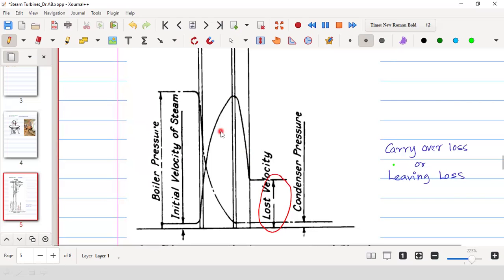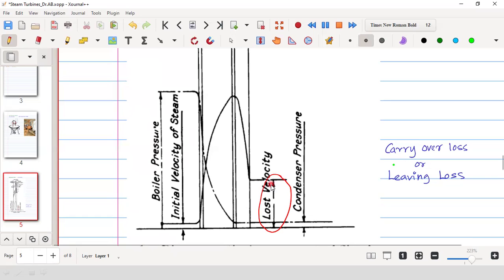But in that case, the velocity of the turbine will be very high, maybe of the order of say, 30,000 RPM. Even in that case, there will be a substantial amount of loss as a carryover loss. The velocity will be high at the exit.